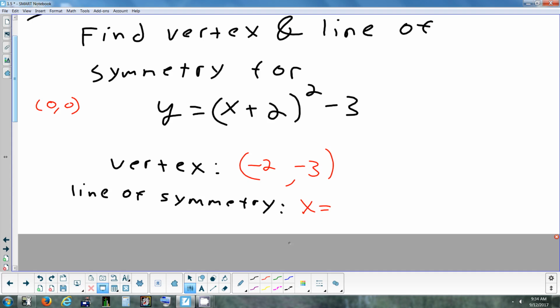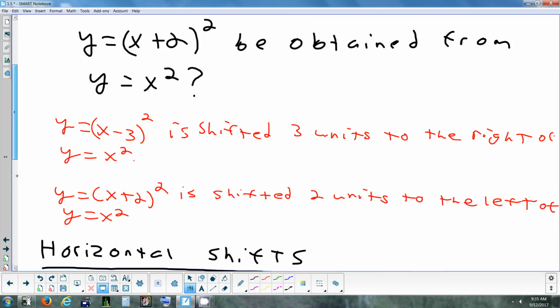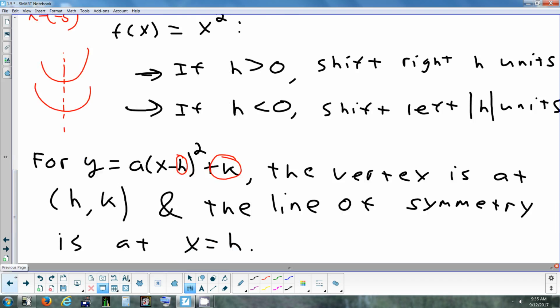X equals what number? Do you remember what letter I put down affects the line of symmetry? It was X equals. Okay, so line of symmetry, X equals H. Okay, so it's the H value.